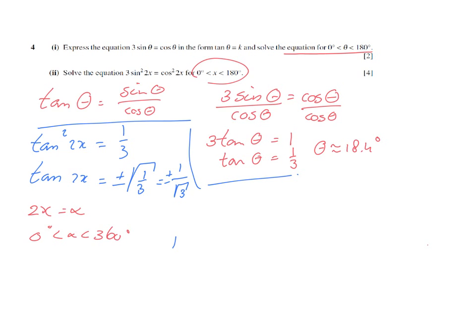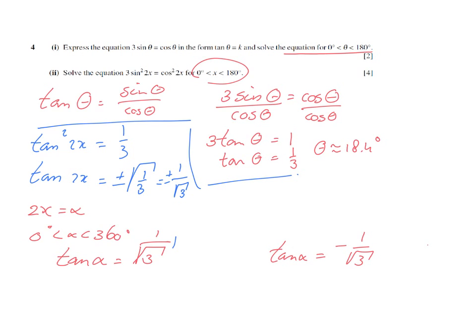Okay, first let's have a look at those positive values. So we're going to have a look at the tangent of alpha when it is 1 over the square root of 3, and the positive values, and then we're going to have a look afterwards at the tangent of alpha when it is minus 1 over the square root of 3.